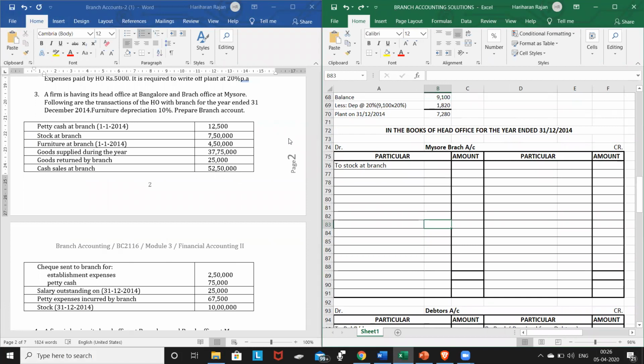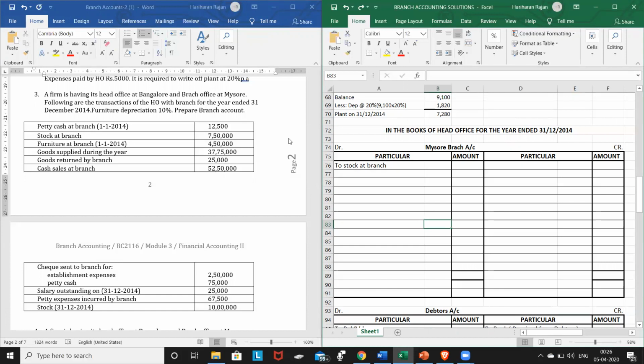Question number 3, you can look into the question once. So the third question starts.